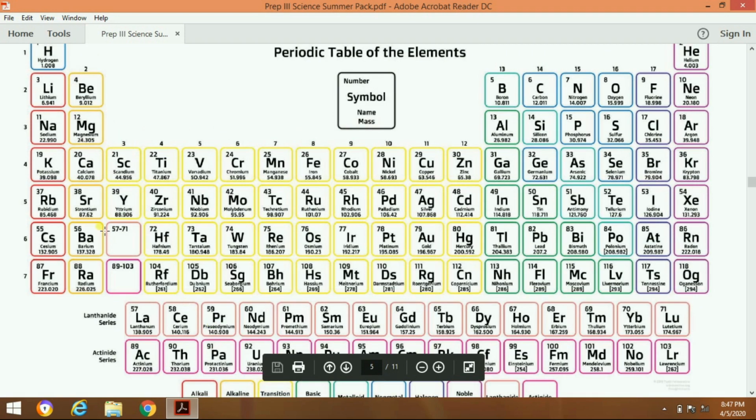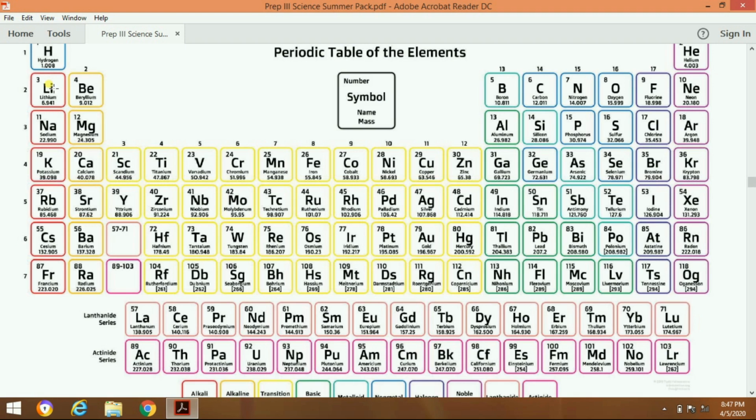Okay? There are some vertical columns in the periodic table. These vertical columns are called groups. There are 16 vertical columns in the modern periodic table, and they are divided into 2 subgroups, subgroup A and subgroup B. At this stage, we are only concerned with subgroup A, that is, group 1A till group 8A.